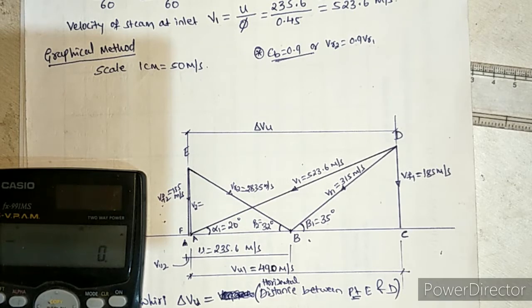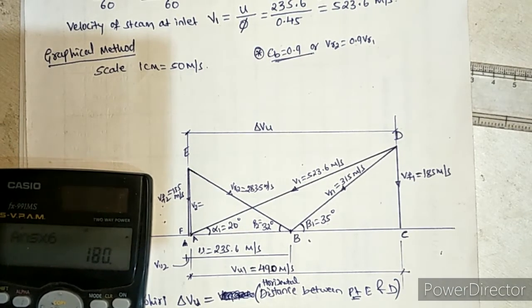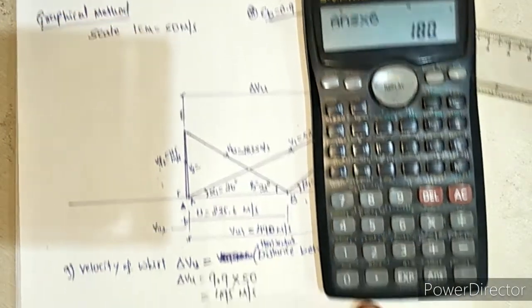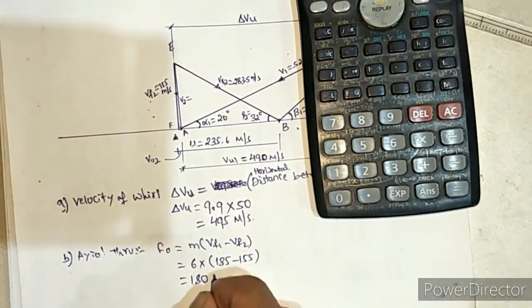185 minus 155 into 6, so I am getting 180 Newton.